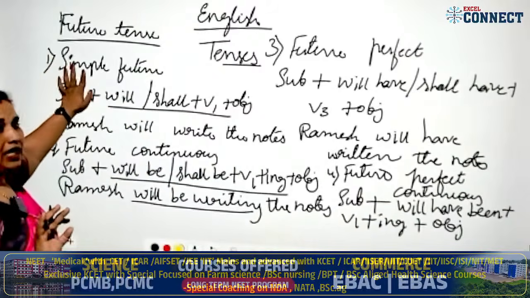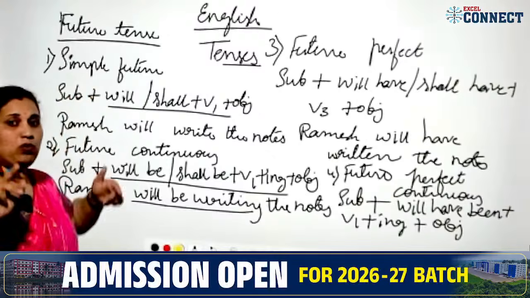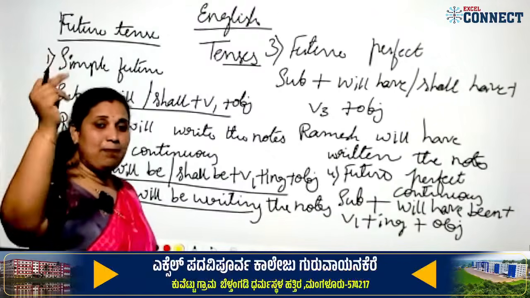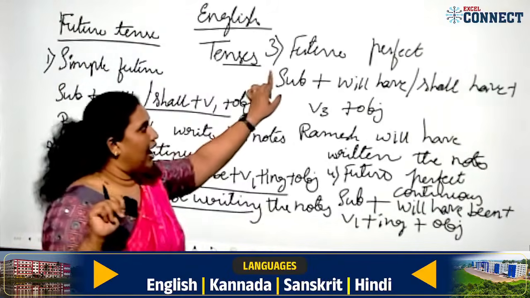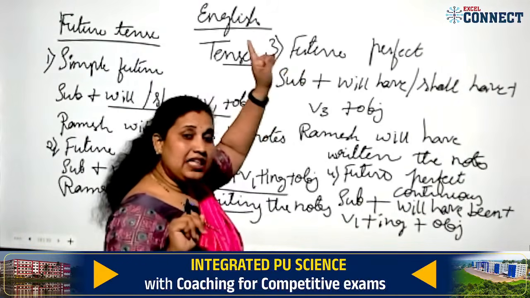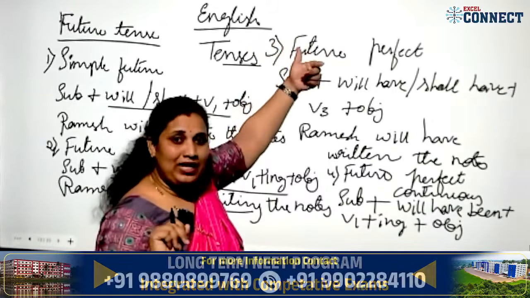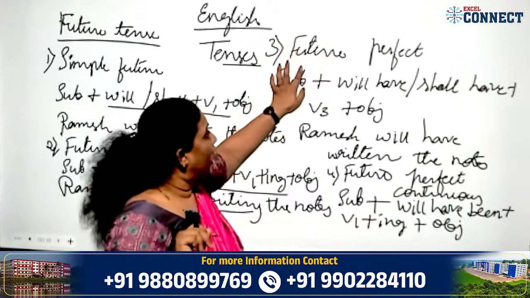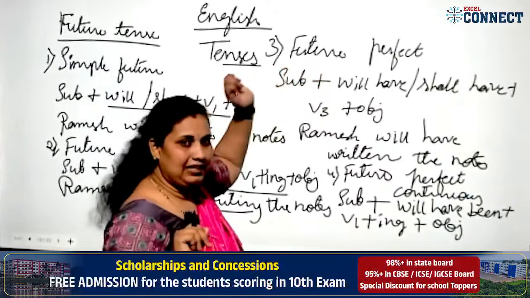So, simple, the action whatever happening in the next. Future continuous, the action whatever will happen in the next, there is a continuation in the action. And future perfect tense, the action whatever is happening in the next moment, that is in the future, the action will complete there and then.